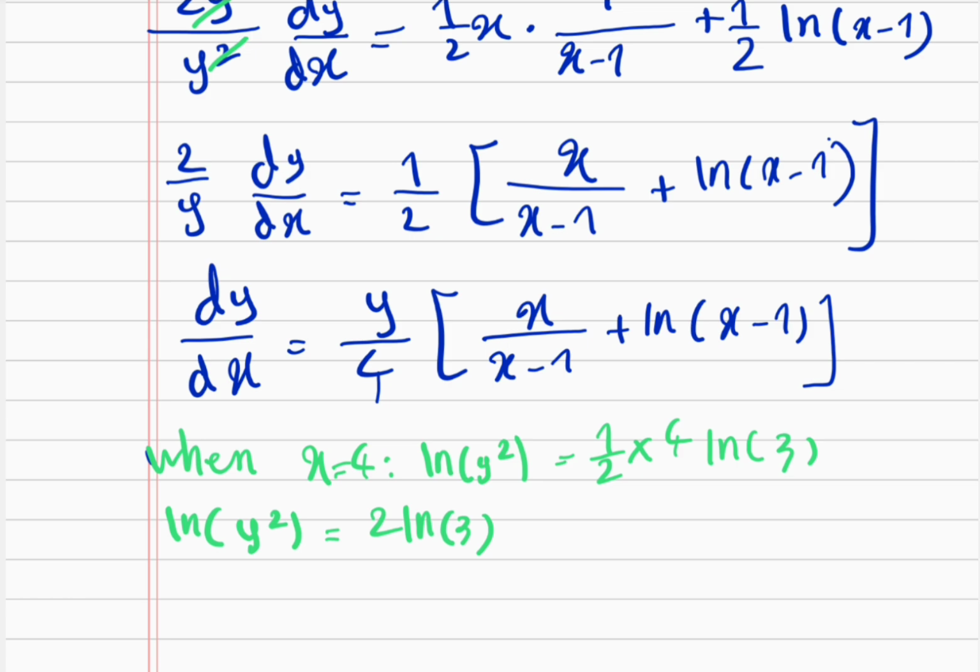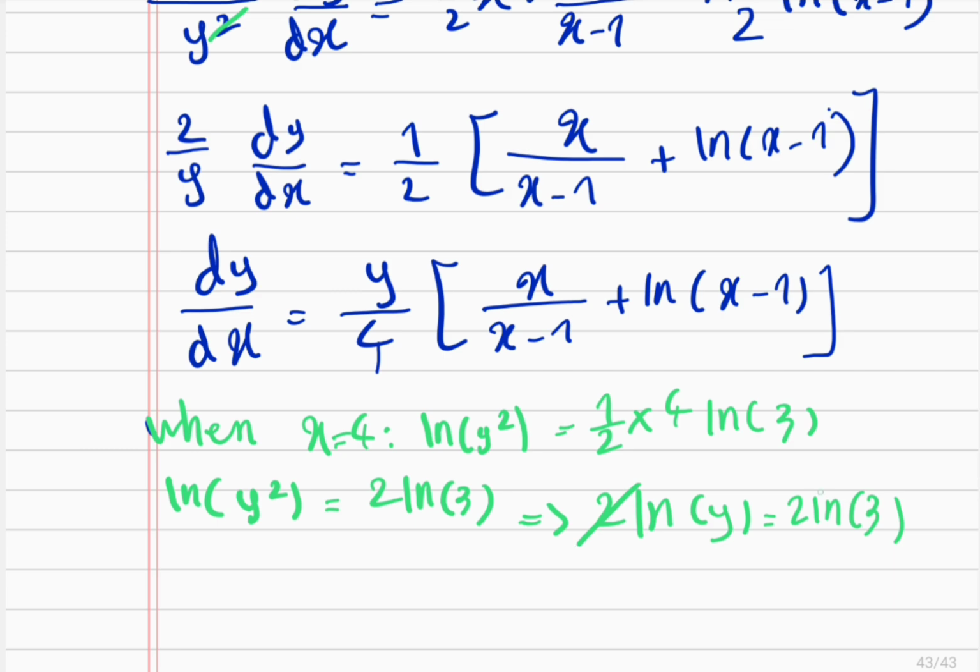Now at this point we can simplify, because remember this is y squared, so the power can be taken out and written as a coefficient. This is one of the properties of logs. So 2 ln y is equal to 2 ln 3.